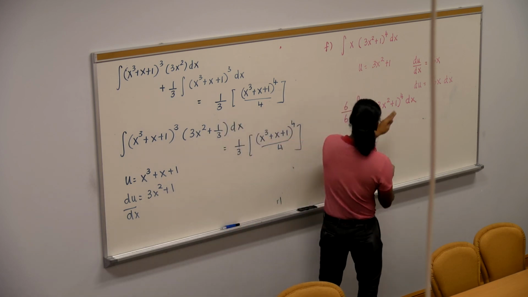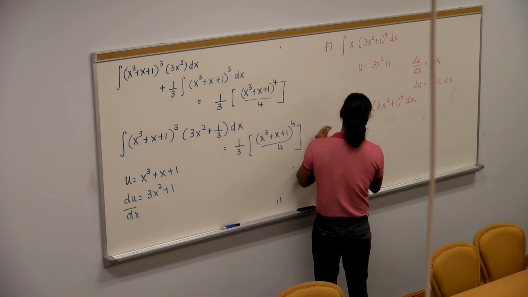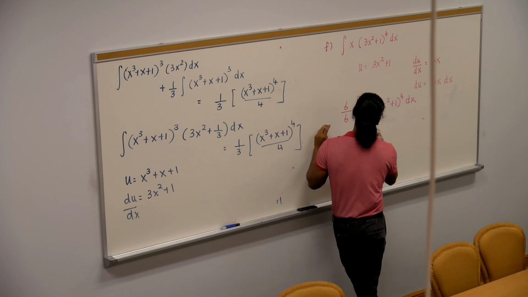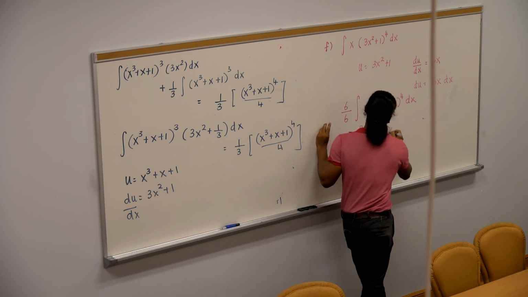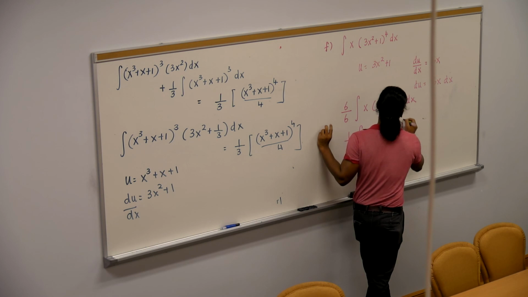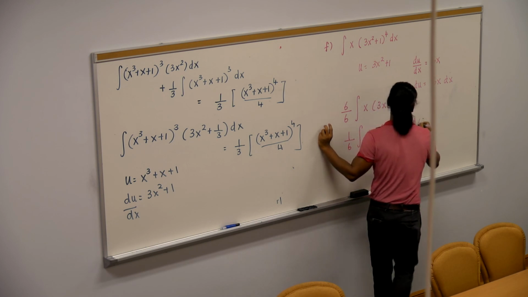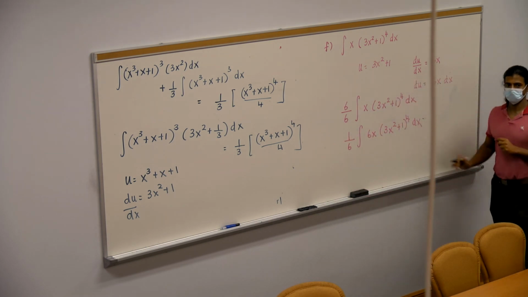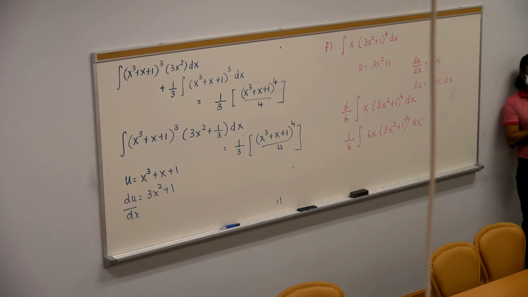Move the 6 inside, so I'll have 1 over 6 integral 6x multiplied by (3x squared plus 1) raised to the 4th dx. Did we get the 6x dx part? That we very much needed, yes.